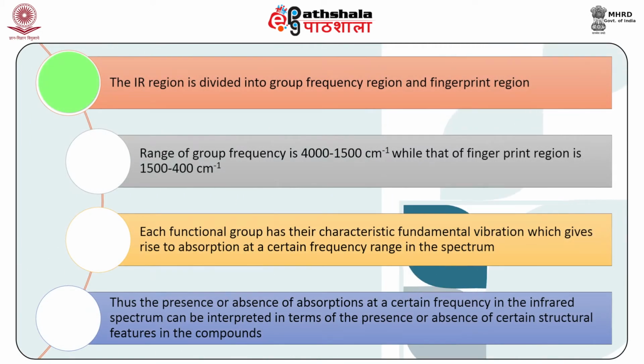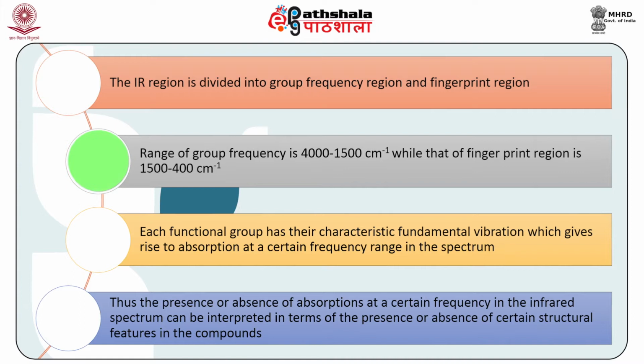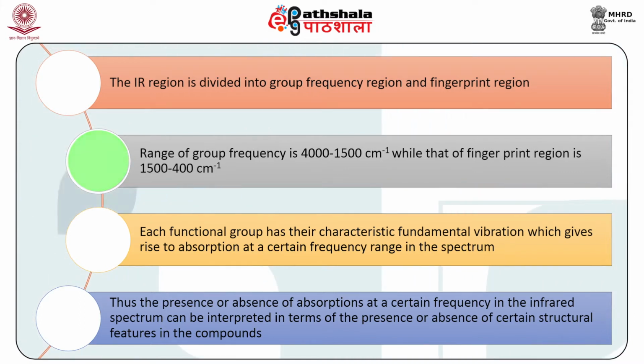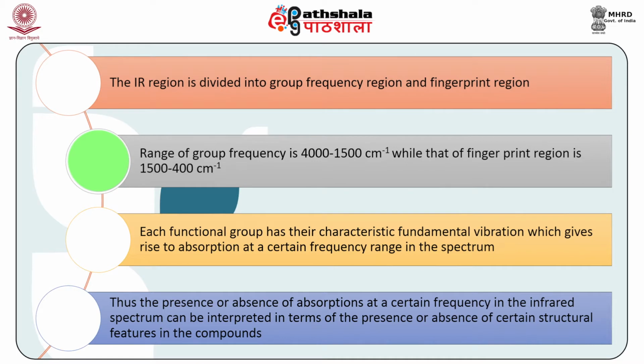The IR region is divided into the group frequency region and the fingerprint region. The range of group frequency is 4000 to 1500 cm⁻¹, while that of the fingerprint region is 1500 to 400 cm⁻¹.